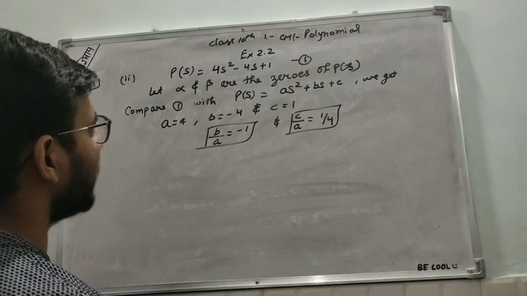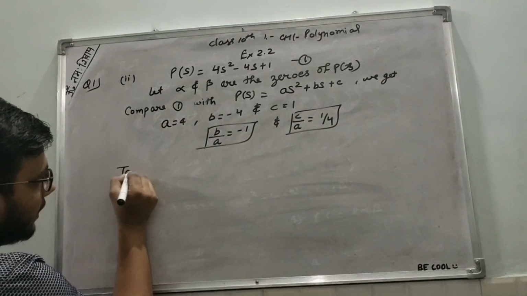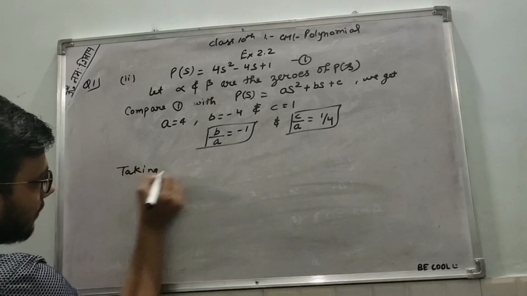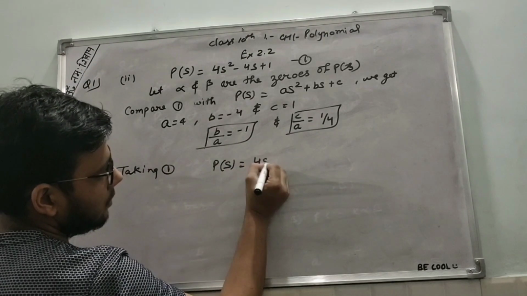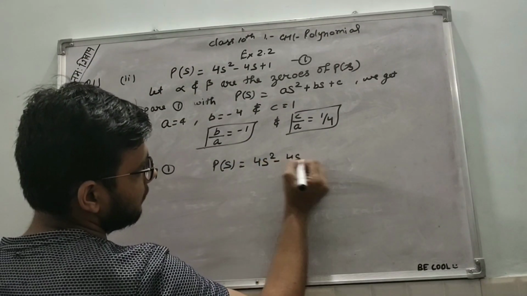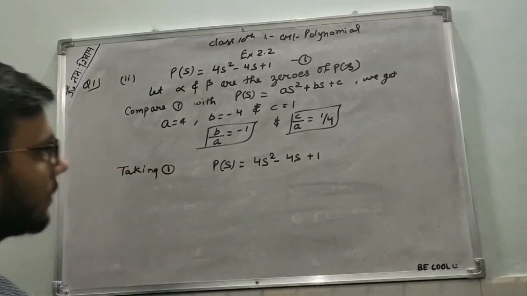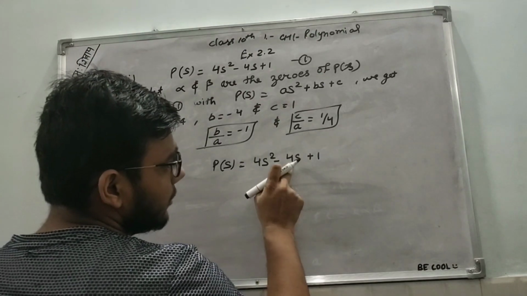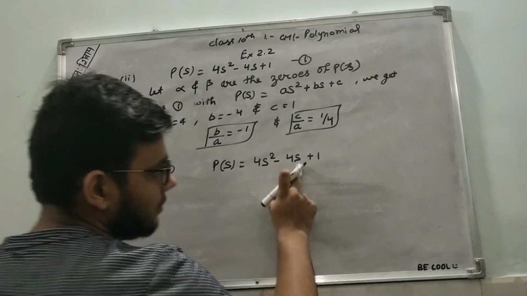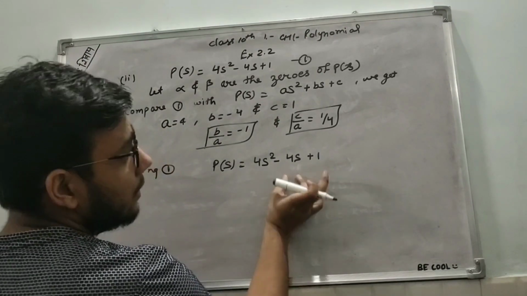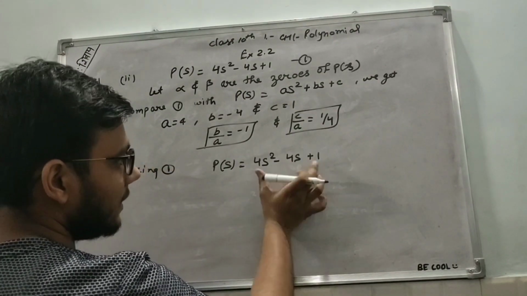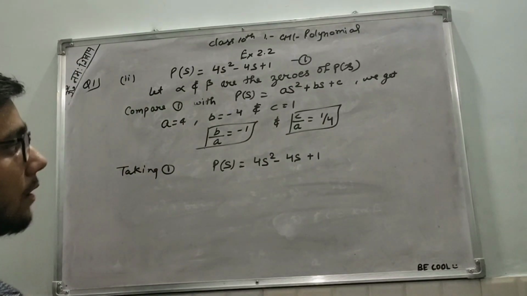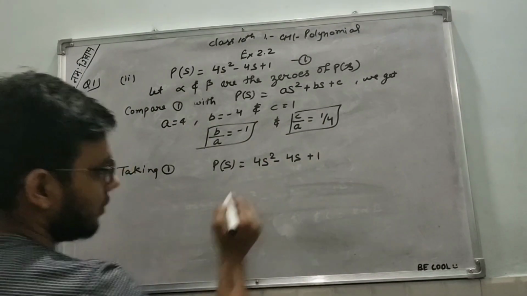Now we have to find out the zeros. So taking first, p(s) is equal to 4s square minus 4s plus 1. Now split 4s in such a way that the sum of the two numbers becomes 4 and their product becomes A into C, that is also 4.